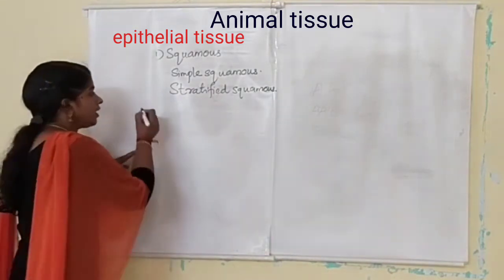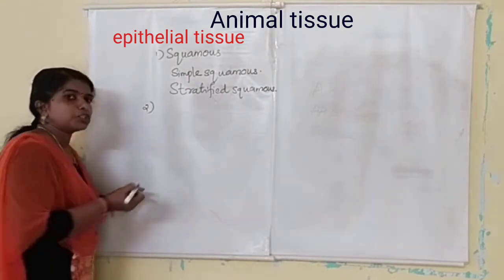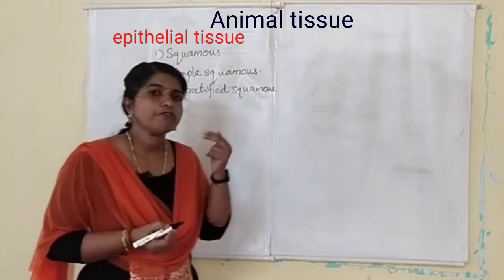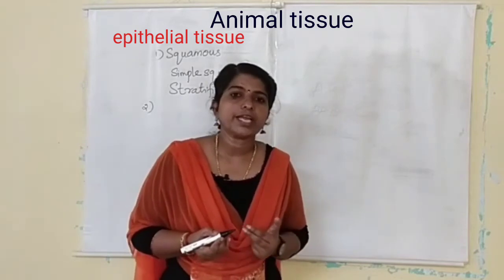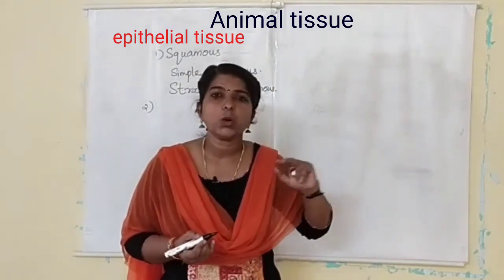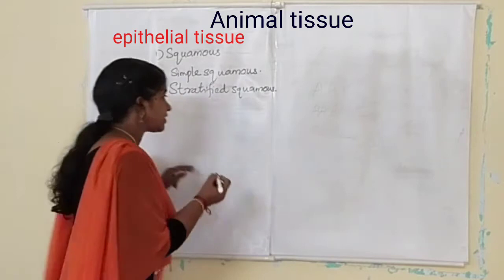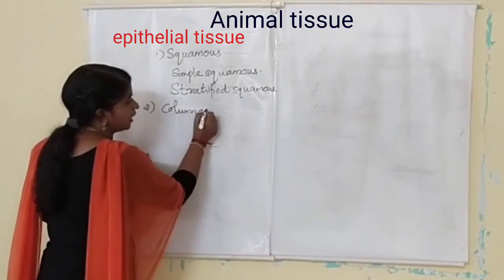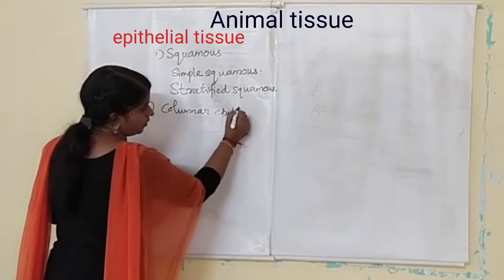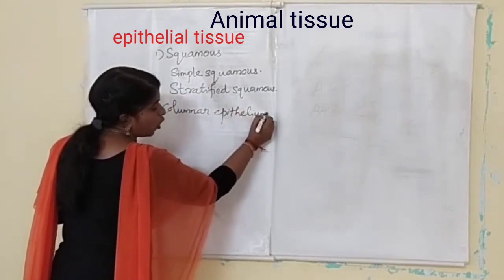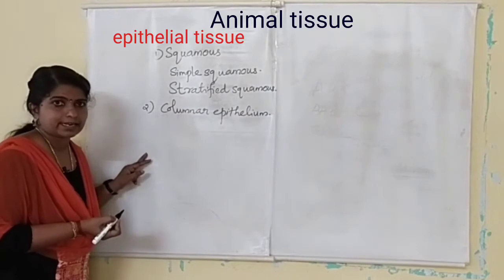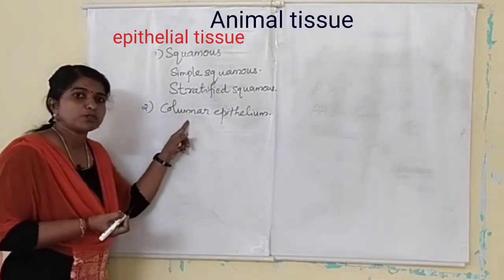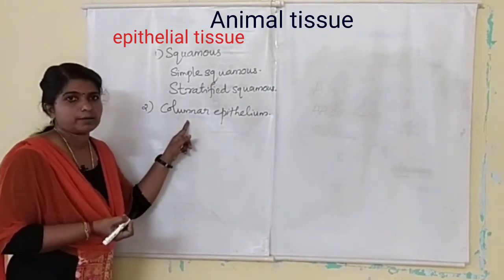If you examine the tissue of the lining of intestine, there you can see some tall elongated cells, and these epithelial cells are known as the columnar epithelium. These are tall and elongated cells. The function is absorption and secretion.